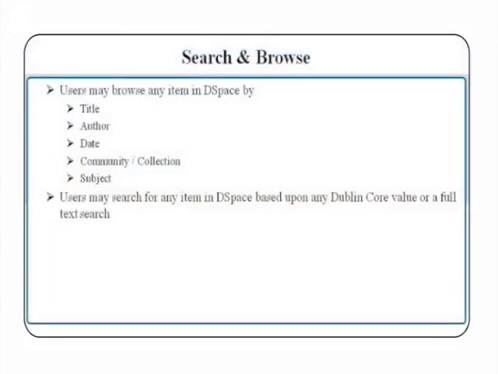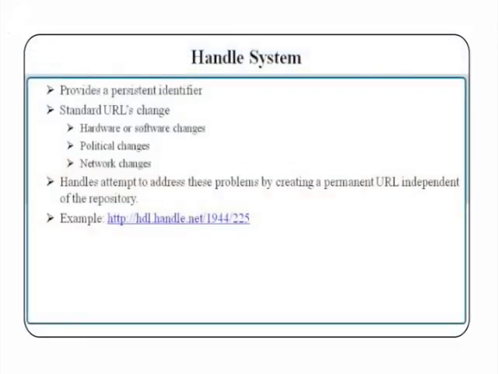DSpace allows end users to discover content in a number of ways, including via external reference such as handle, searching for one or more keywords in metadata or extracted full text, browsing through title, author, date or subject indices with optional image thumbnails, etc. In the present web world, the universal resource locator (URL) of digital content may change due to the change in hardware or software, change in network or because of political change.